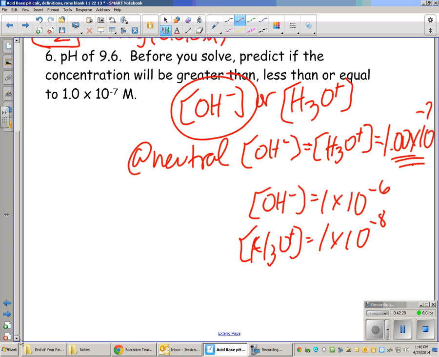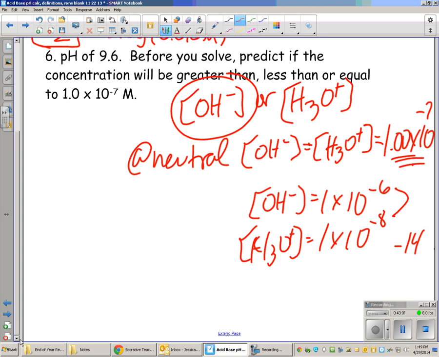What do these together have to equal? Negative 14, right? What happens when you multiply exponents? You add them. What's that added up? Negative 14. So you can do some of this in your head without even a calculator. Remember the whole OH times hydronium equals 1.0 times 10 to the negative 14? That was on your pH rules. That's why these always have to add up to 14. Why is it 14?